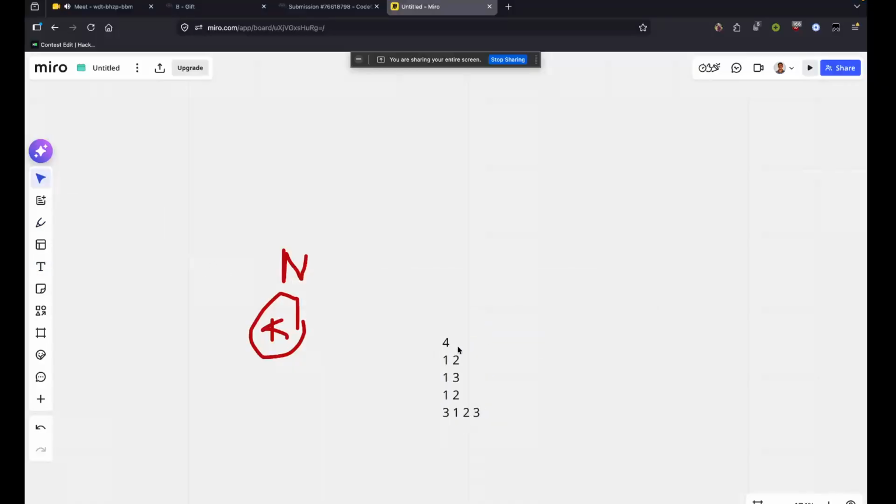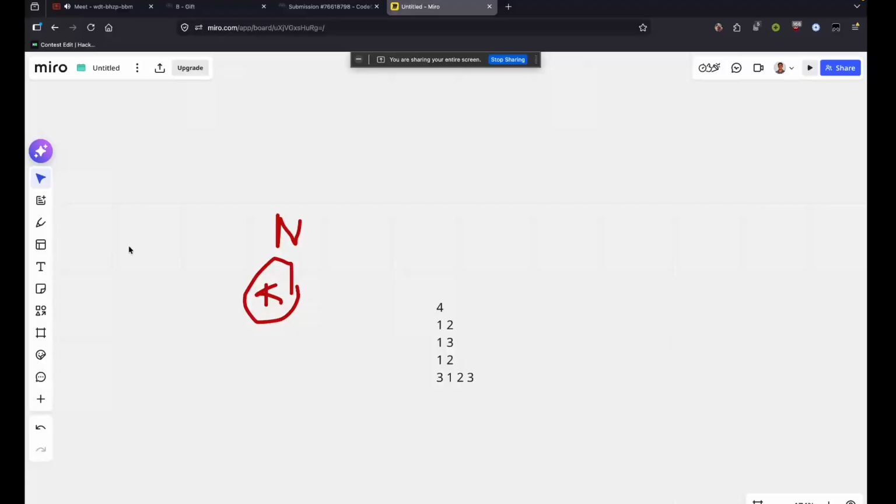Okay, so there are 4 persons, right? This is index one, this is two, this is three, and this is four. The first person will be giving gifts to one person, and the person that is receiving the gift is two.